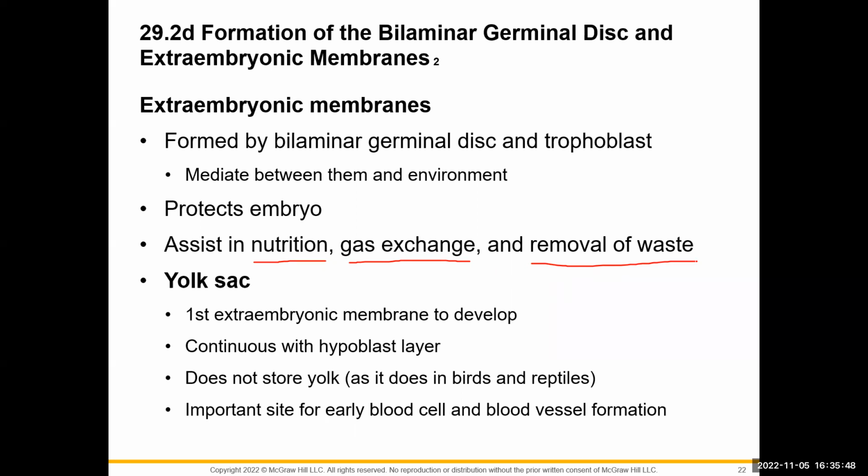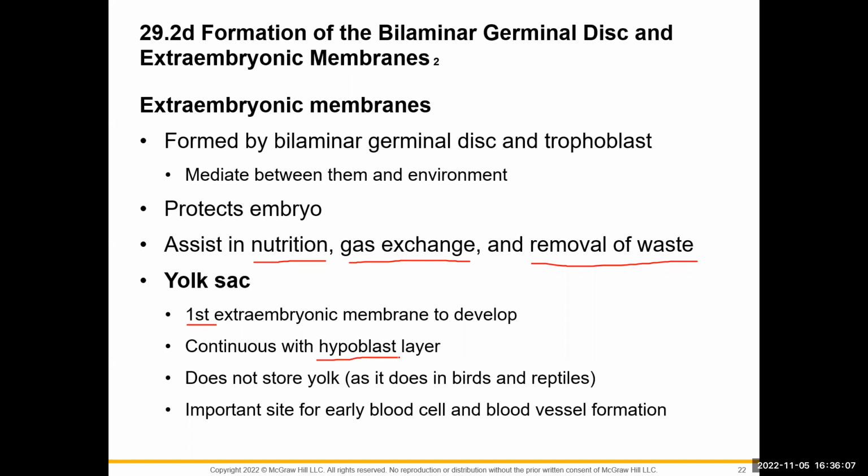So the first of the extraembryonic membranes is going to be the yolk sac. This is the first one that develops. This one we're going to see occur with the hypoblast layer.